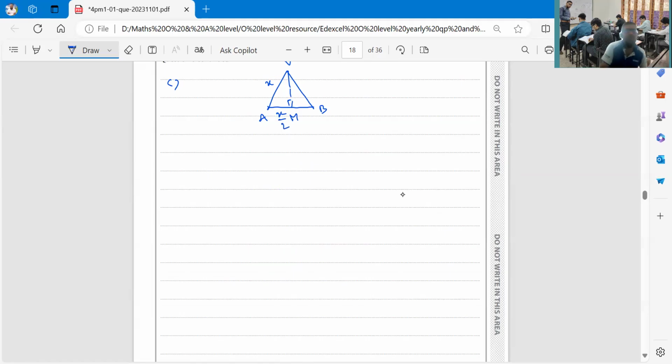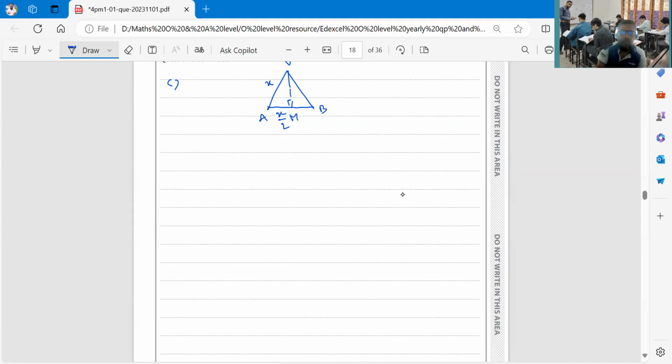Remember one thing: if the triangle is an isosceles triangle or equilateral triangle, you can make a perpendicular line from the vertex B, and this perpendicular bisects the base equally. But if the triangle is not isosceles or equilateral, you can make a perpendicular, but you cannot say it bisects the base equally. This concept is only applicable to the isosceles and equilateral triangle.